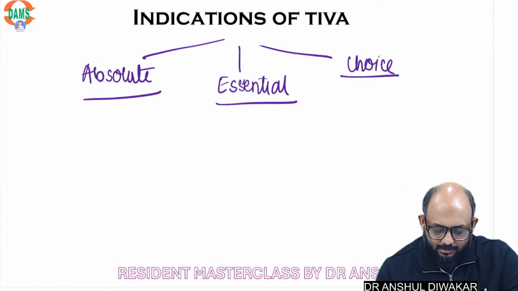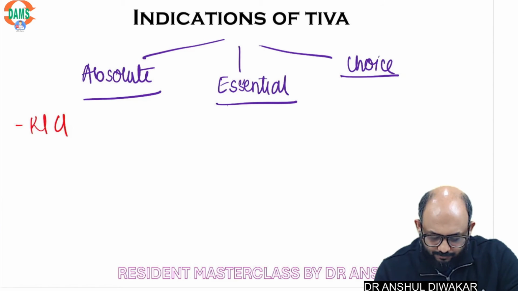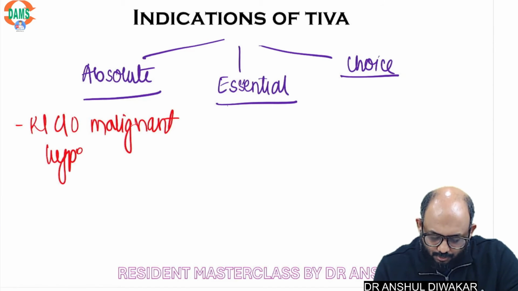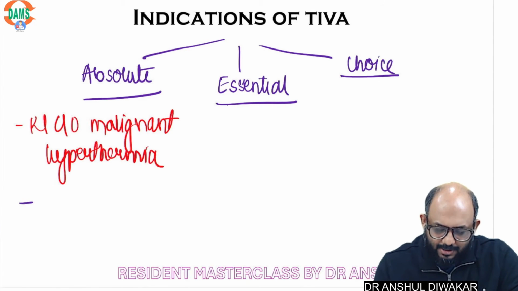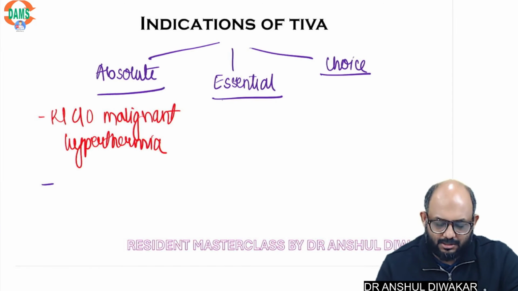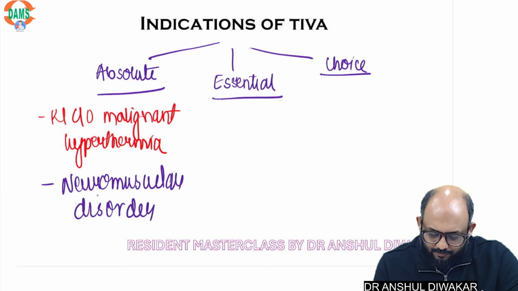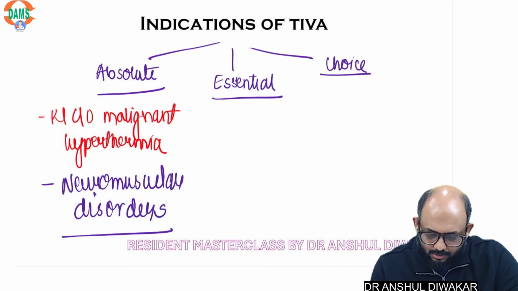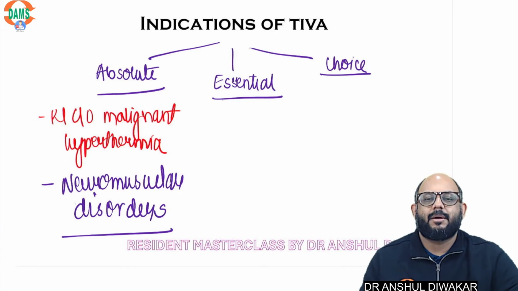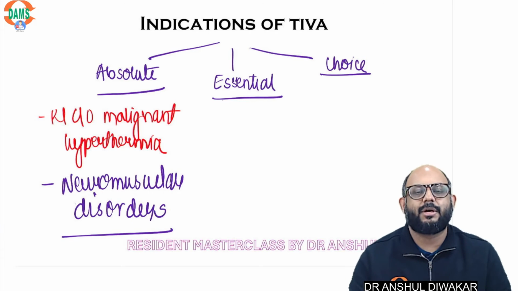Absolute is only one, that is when you have a known case of malignant hyperthermia, because that is the condition where you do not want to use volatile anesthetic agents. So your maintenance of anesthesia by default has to be done using IV agents. And in neuromuscular disorders, especially in pediatrics, which have a high risk of developing MH. These are the two absolute indications.